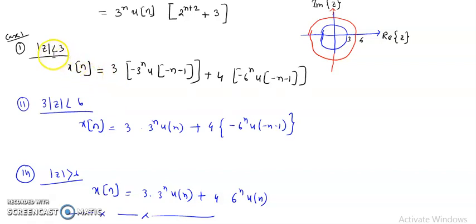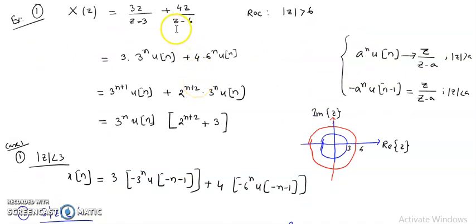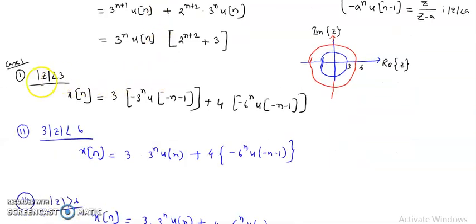Like for mod z less than 3, n will be negative. For this part, mod z less than 3 means all values are negative, because this is greater than 3, this is greater than 6. So if you are taking mod z less than 3, all n values will be negative.